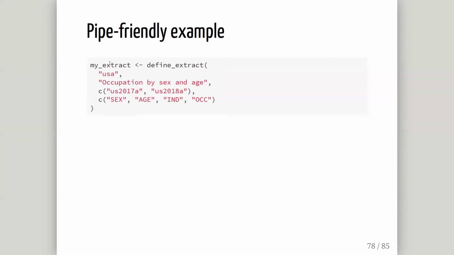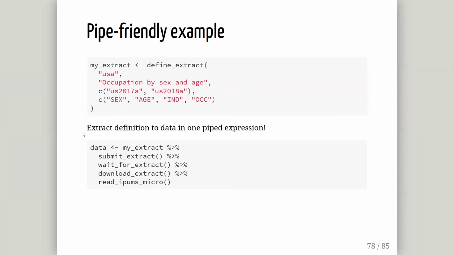So we create that definition, save it to this object, and then we can go from an extract definition to having the data right in our R session in just one piped expression. If you're not familiar with this pipe operator, you can read it as "then." It's from the magrittr R package, or also dplyr.